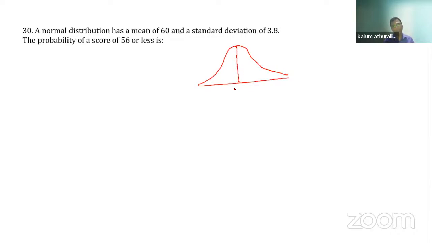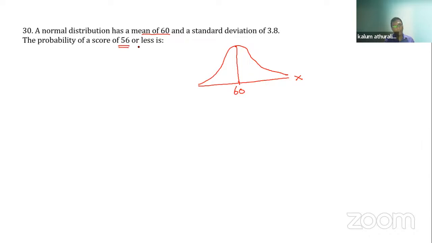It is called the mean. The mean value is 60.